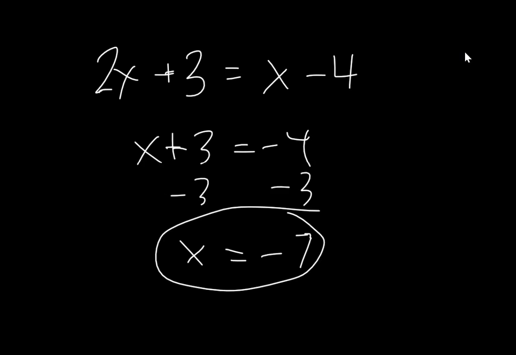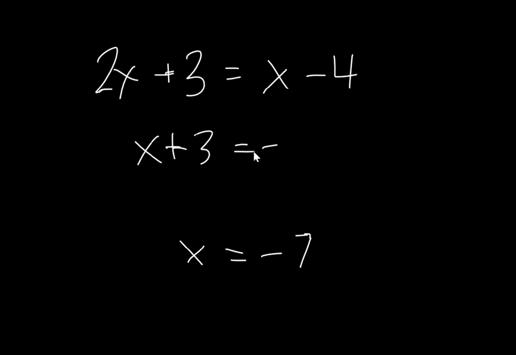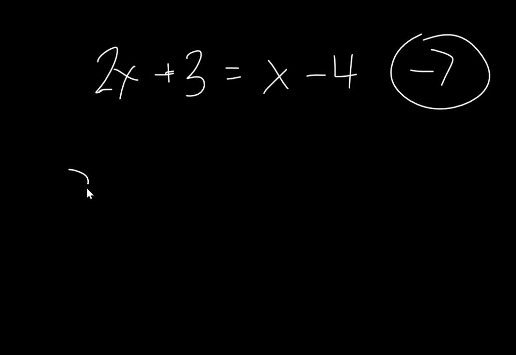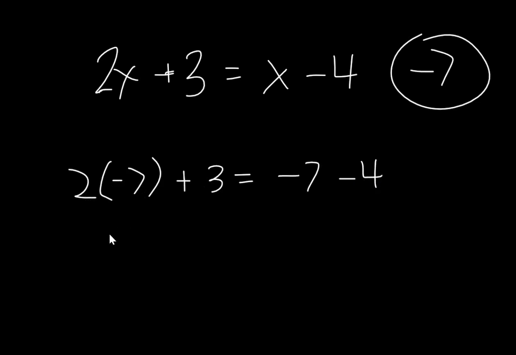We can plug that in to make sure that it's true. We said x was negative 7. 2 times negative 7 plus 3, we said is equal to negative 7 minus 4. Well, 2 times 7 is 14. We have one negative sign, 1 is odd, so it's a negative number.